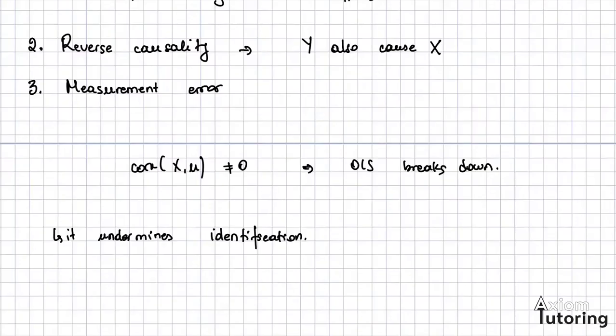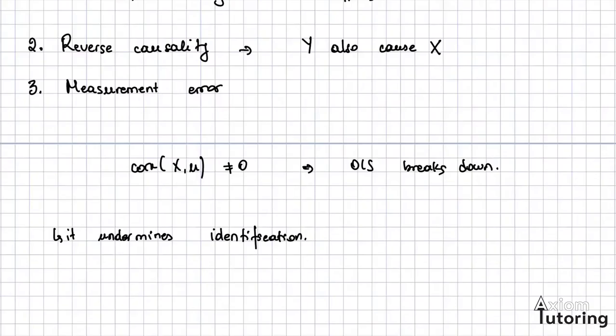The classic example, for instance, is education and income, which we've been using quite a lot in the previous videos. Does education increase income? The answer would probably be yes, but keep in mind, ability affects income directly. Ability also leads to more education, and ability is in the error term, we can't measure it.